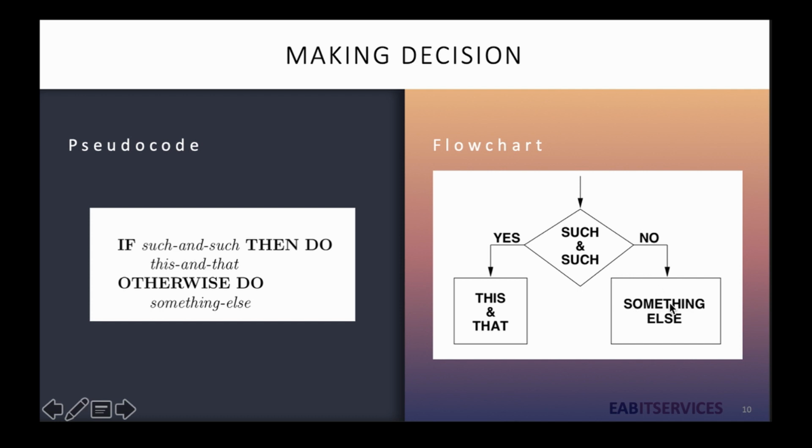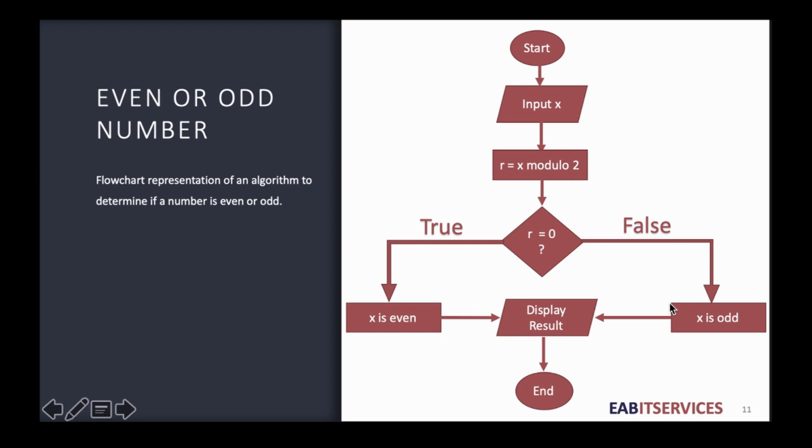Now let's look at an algorithm I prepared that determines whether a number is even or odd. So starting this algorithm, this is where we start. We use the oval to denote the start, and then the parallelogram to denote an input or an output. So we start, we input x, and then we process this: R equals x modulo 2.